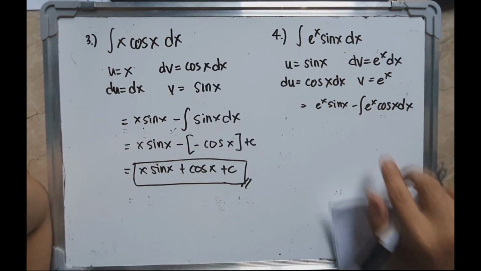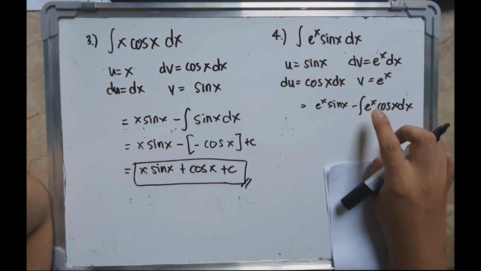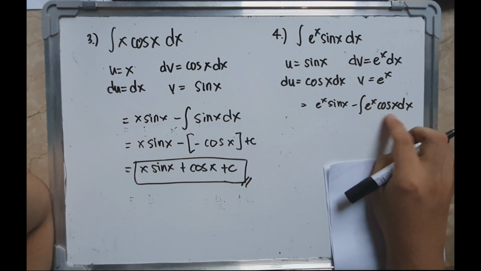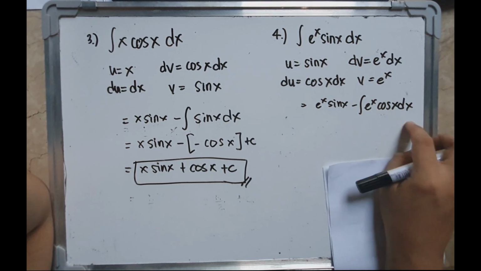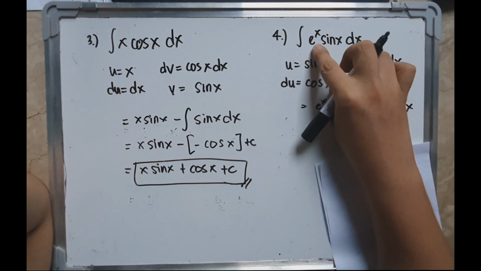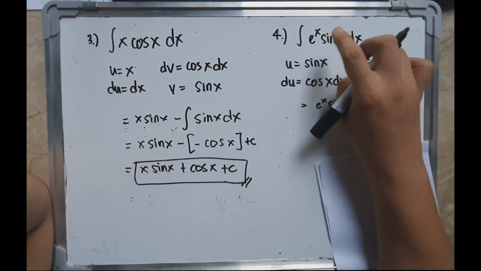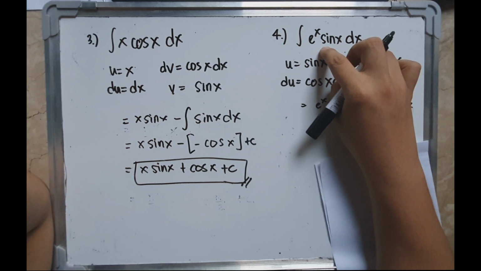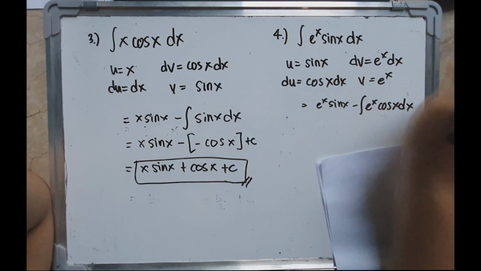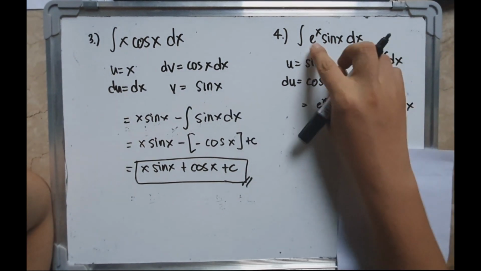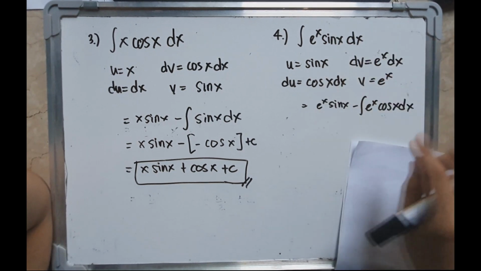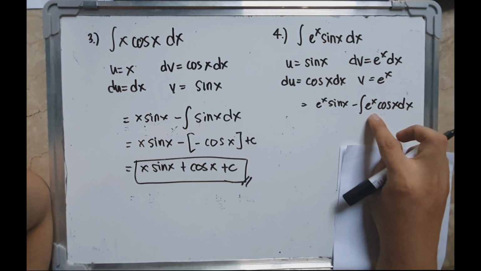Because we still have the exponential and the trigonometric function in this integral. Just like with our first integral, we have an exponential and a trigonometric. So what shall we do?